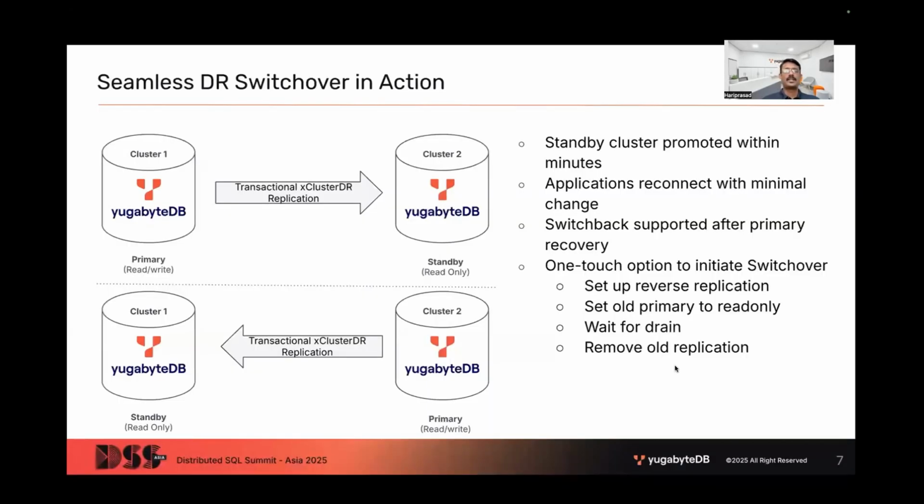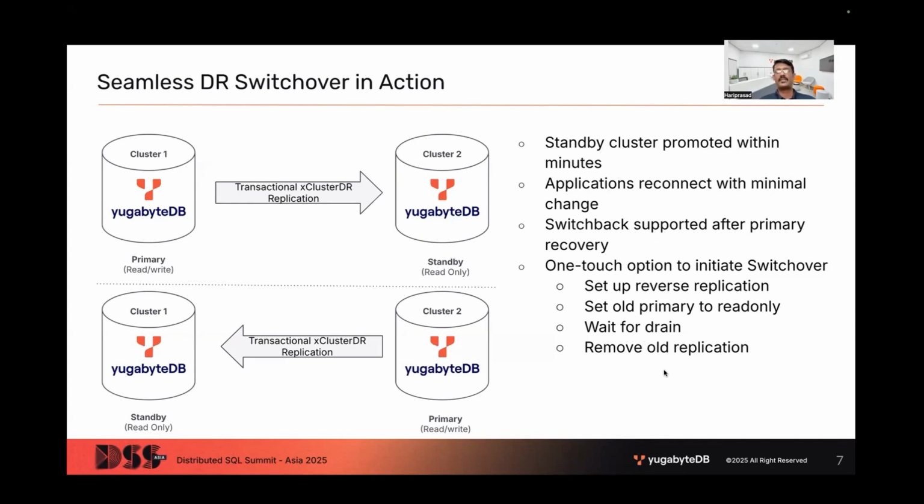Right. Okay. Let's look at the seamless DR switchover feature in more detail. When do we initiate a switchover? Whenever there is a planned DR drill. Most of the regulators now want DR drills to happen every 6 months, where you switch over to your DR side, run your workload, send the evidence to the regulator, and then you switch back to your DC.